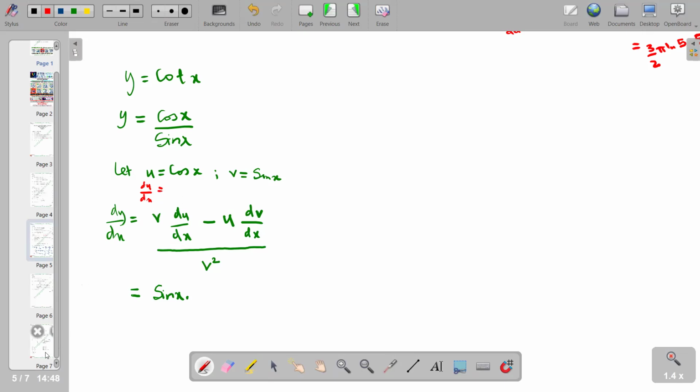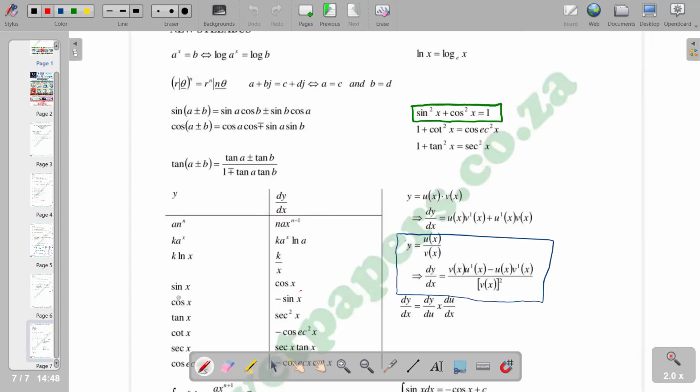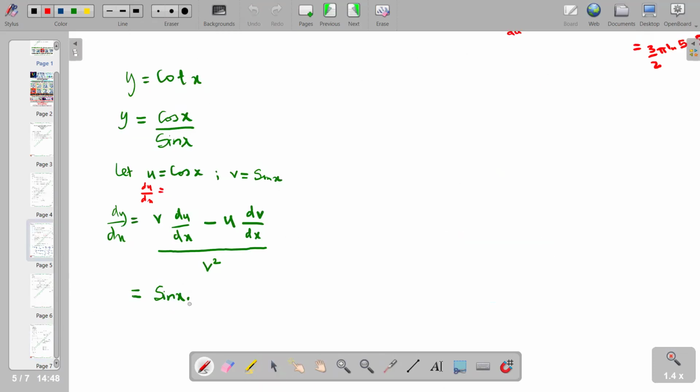If it's cos x, the derivative is negative sine x. Here it is. Our y is cos x, the derivative is negative sine x. So just go and substitute. We're going to put here a negative sine x.